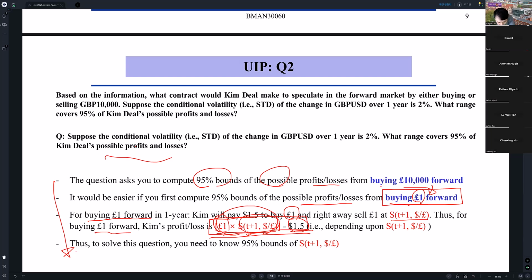In order to compute the 95% bound of this, we have to get the 95% bound of the future exchange rate first. So we're going to go back from the last to the first.